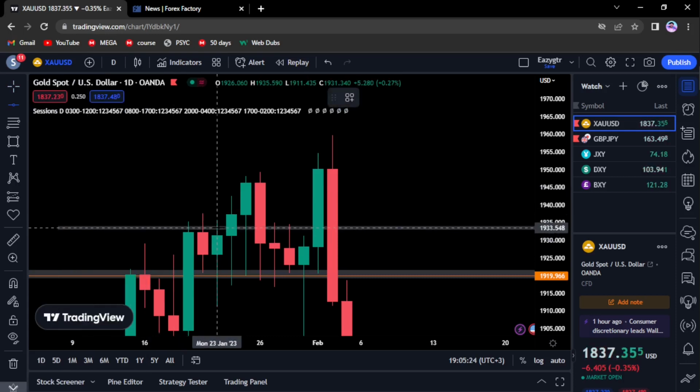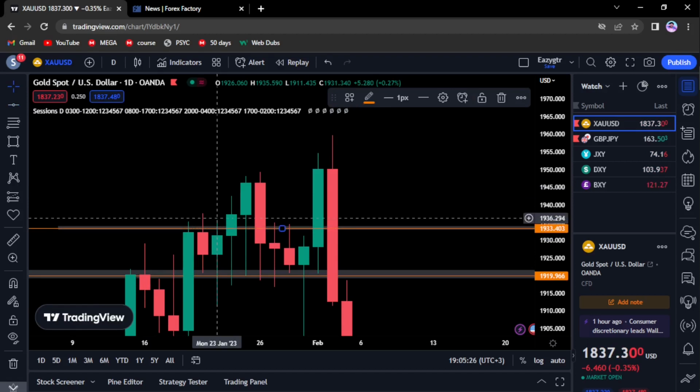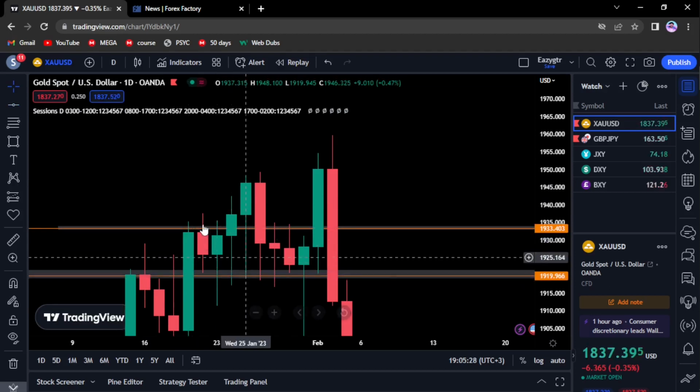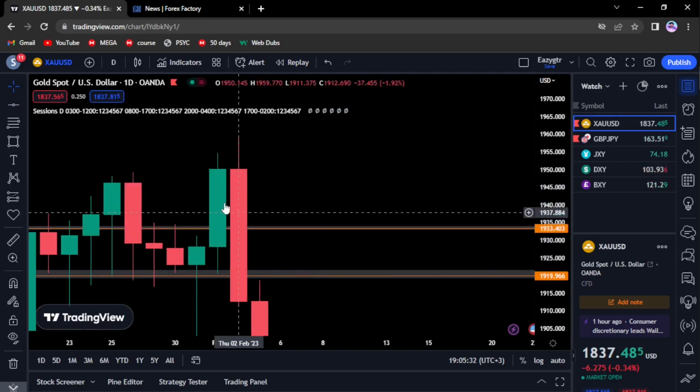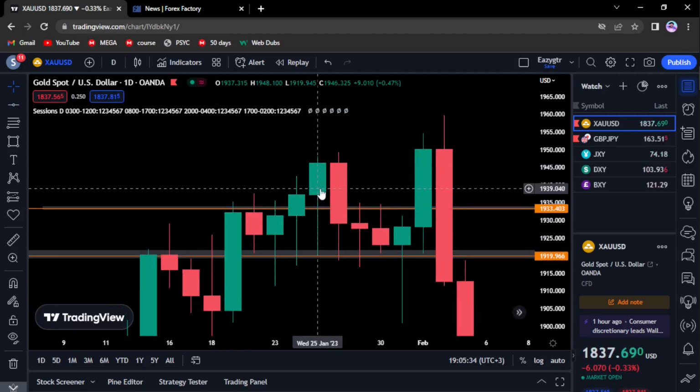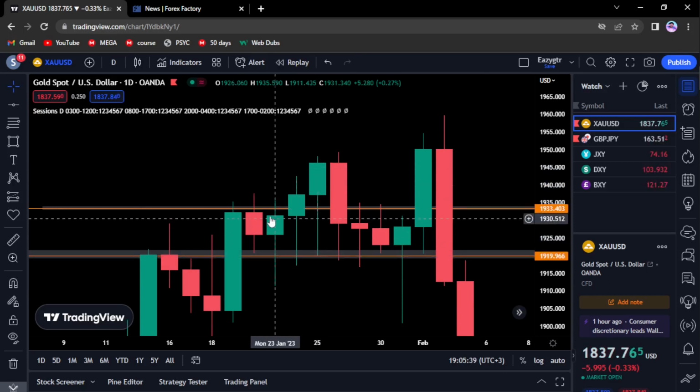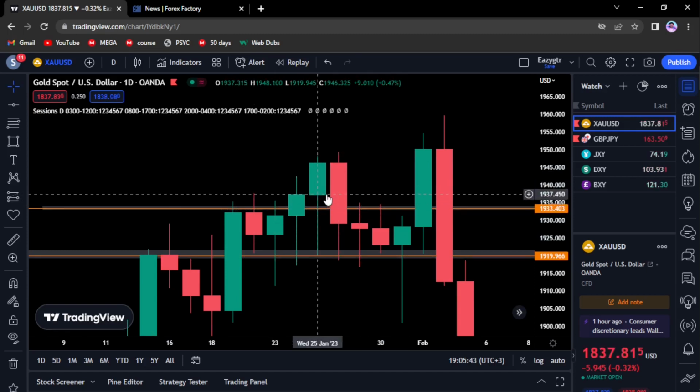Price either rejects or breaks. In this situation, price broke above, and when price broke above, we enter on the next candle. But as you can see, this candle made a steeper wick, and if a candle makes a steeper wick, the second entry comes in. So we're going to have an entry at the flip of the candle. So that is the second type of entry.